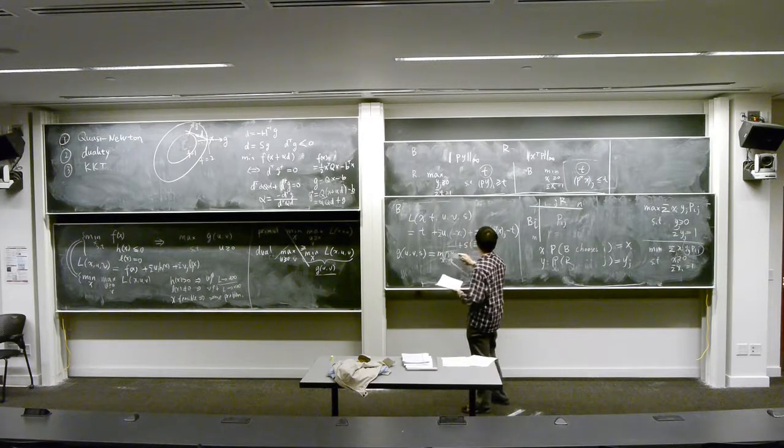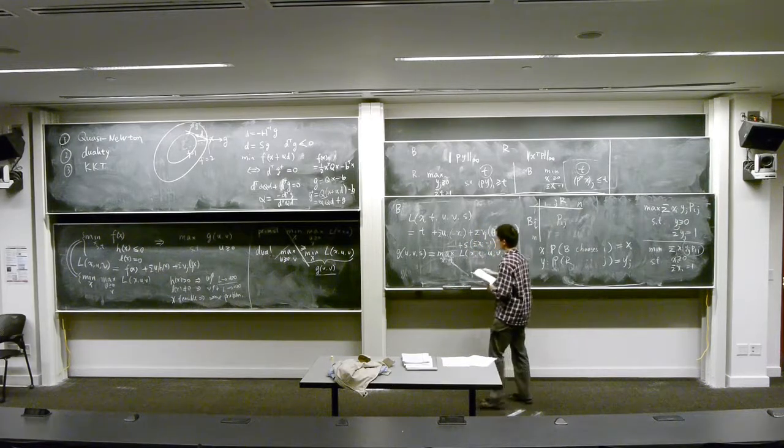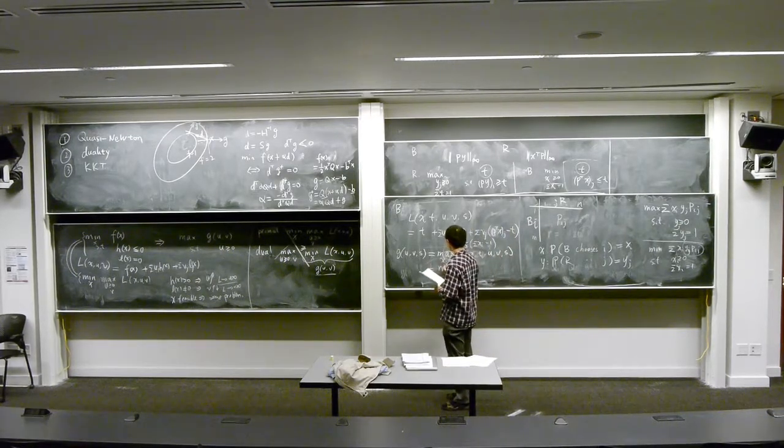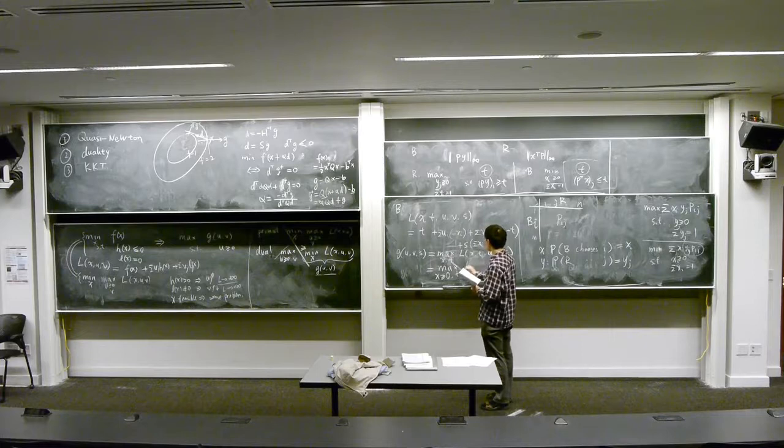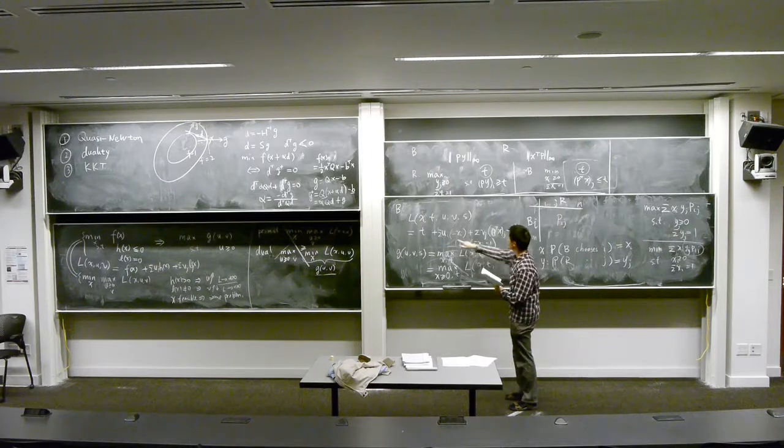This u seems not very interesting. I just ignore u, and so I'll write here u, v, s. But really, I can equivalently do this. I can constrain x to be greater than 0 and my little t, and I only work on x, t, so I can save myself a dual variable u. So I have v and s.